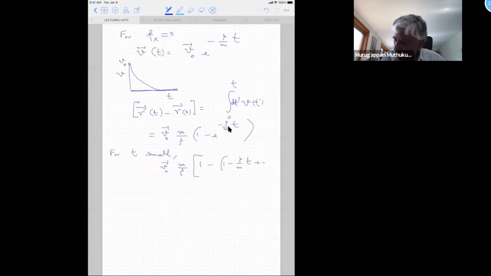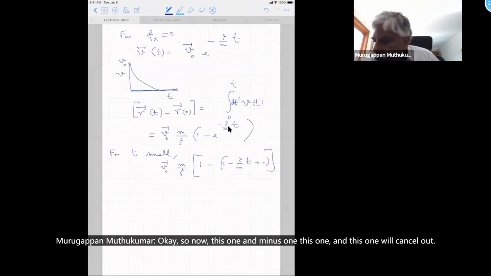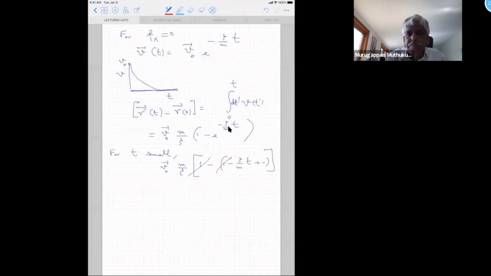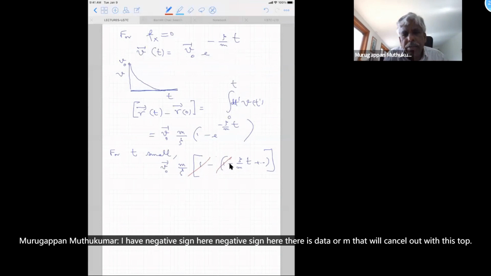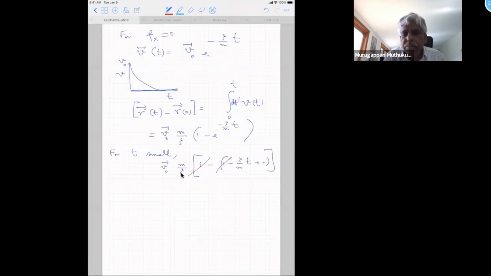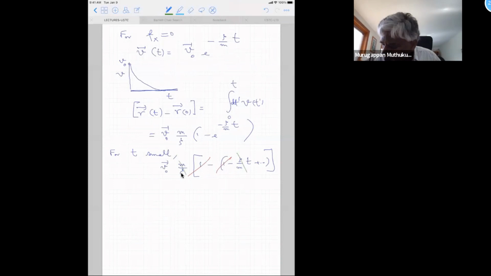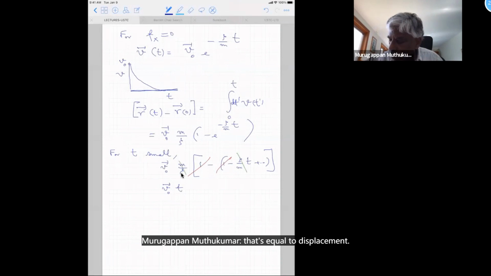Now this 1 and this 1 will cancel out. I have a negative sign here, and that zeta over m will cancel out with this term. So what I get now is v0 t. That's equal to the displacement.